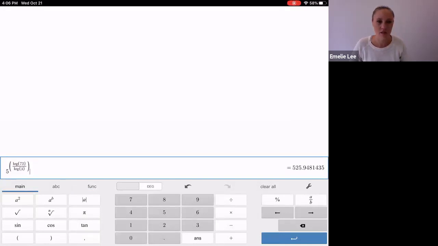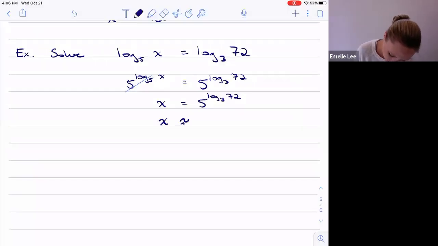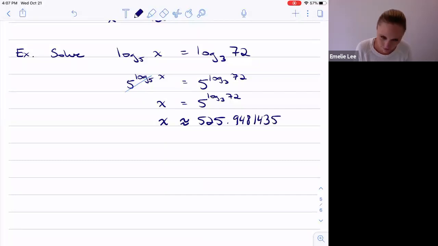That looks good, roughly 525.9481435. So x is approximately 525.9481435.